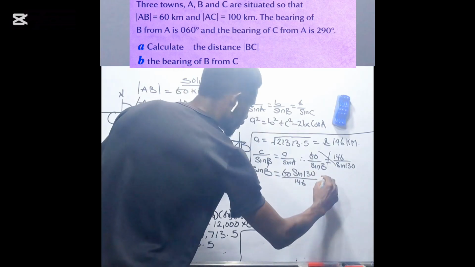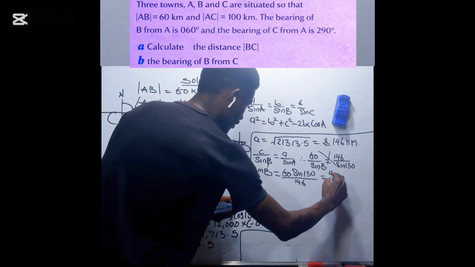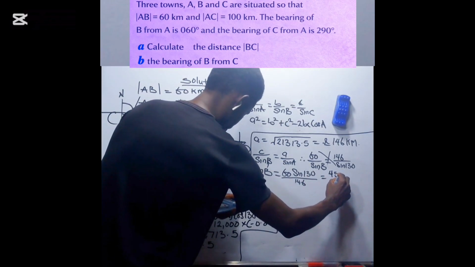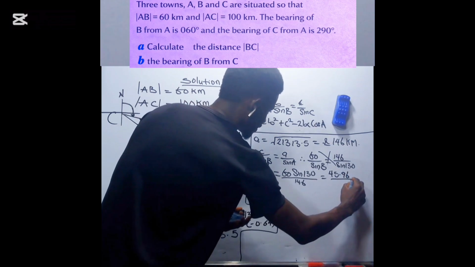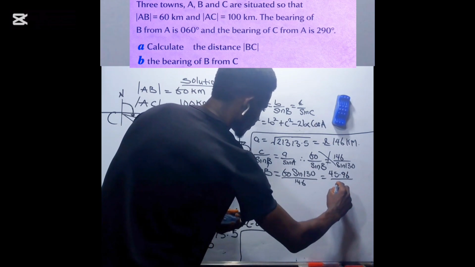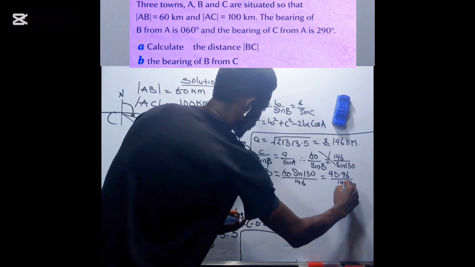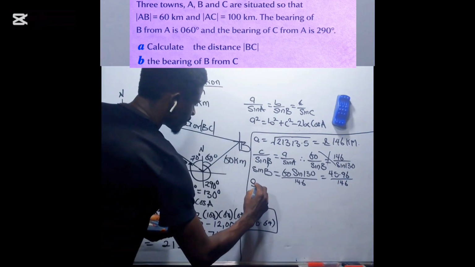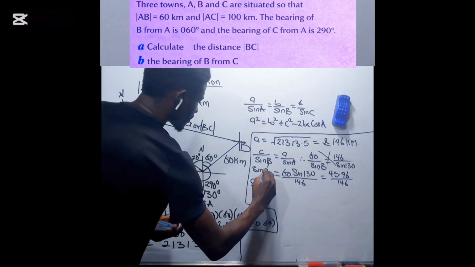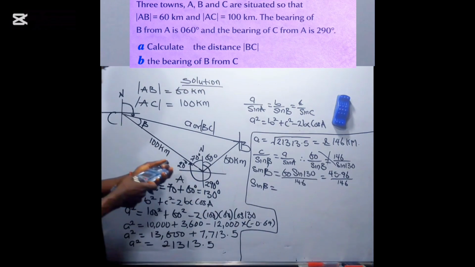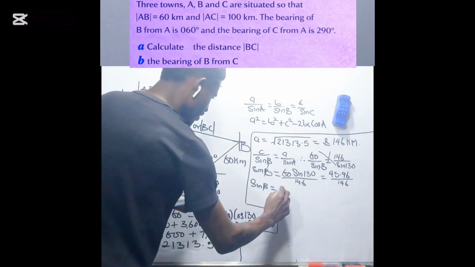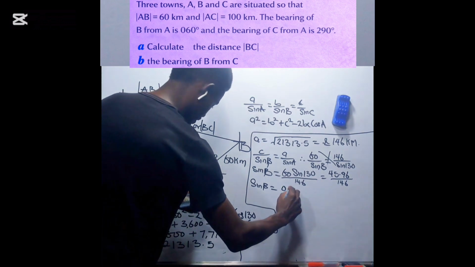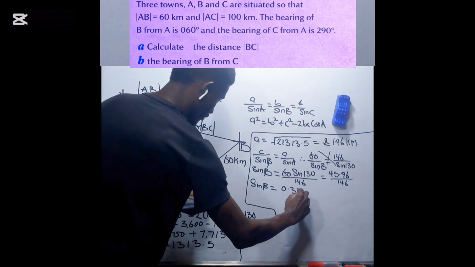So at the numerator here, I have 45.96 over 146. So sine beta will now be 0.3148.